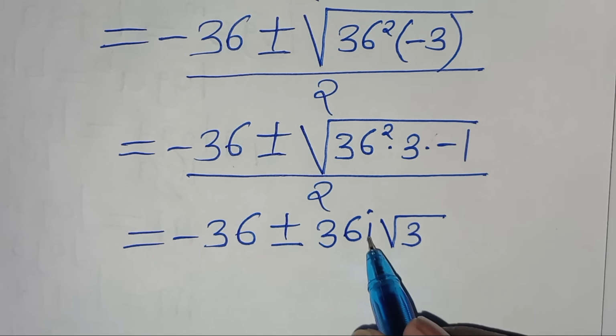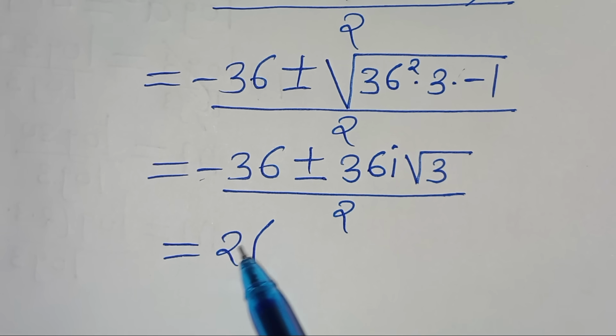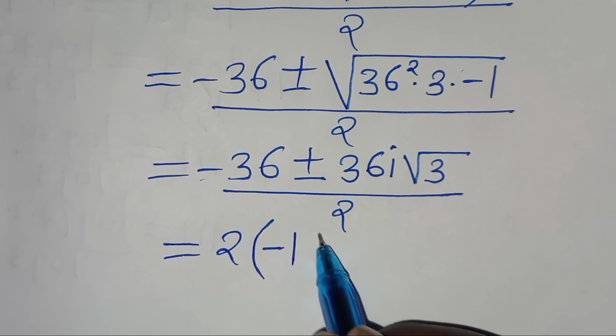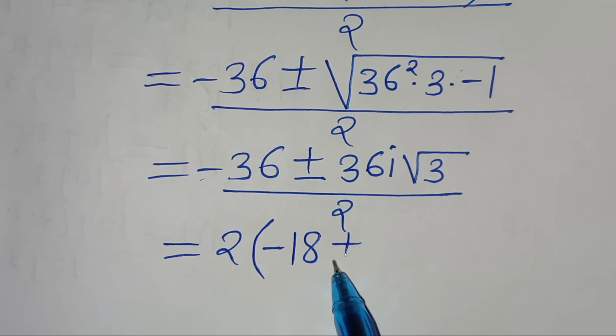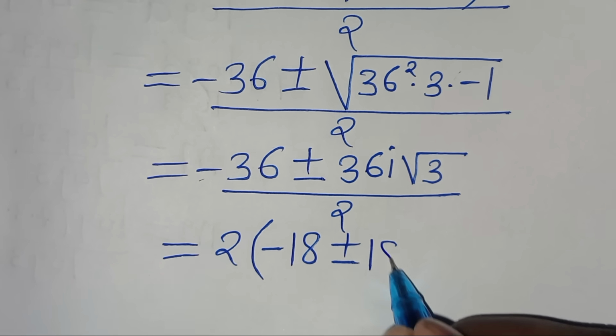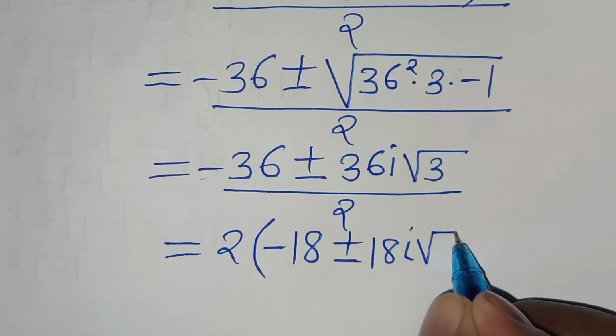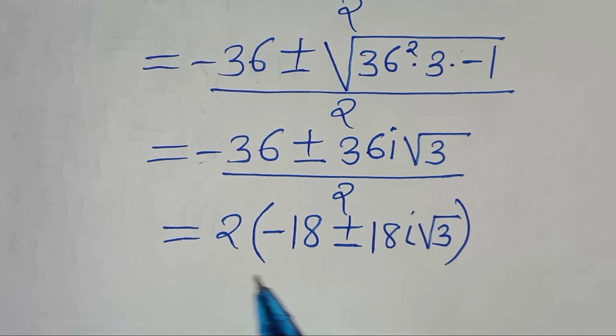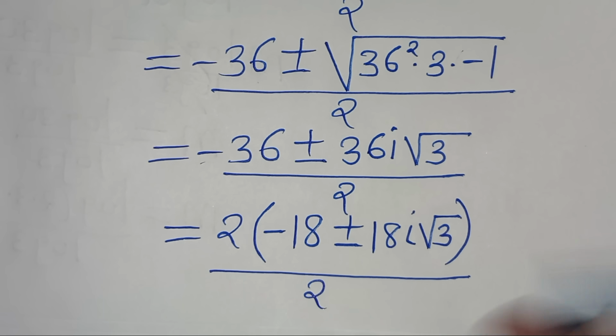In the numerator here, we can factor out 2. So we have 2 into the parentheses, minus 36 divided by 2, this is minus 18 plus or minus 36i divided by 2, this is 18i square root of 3, close the parentheses, then everything here divided by 2.